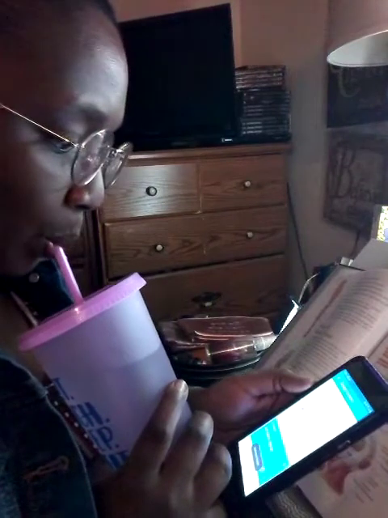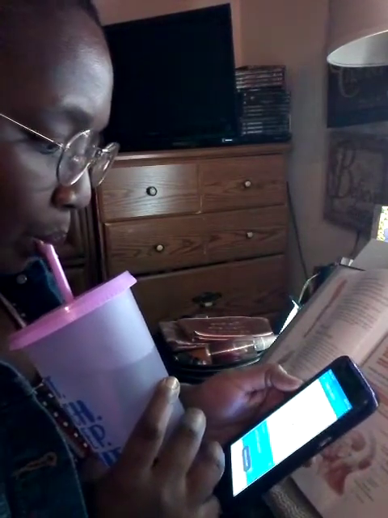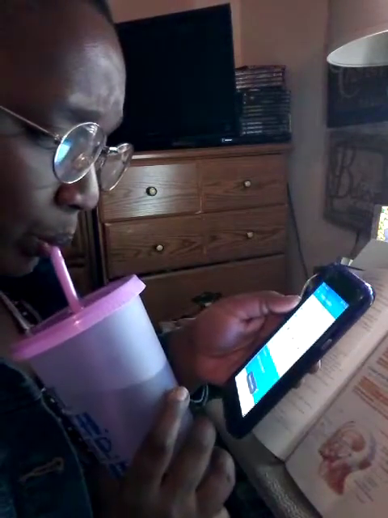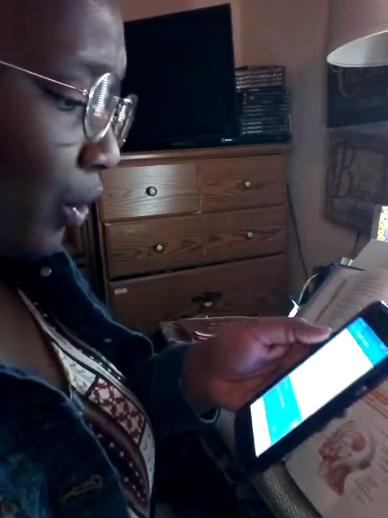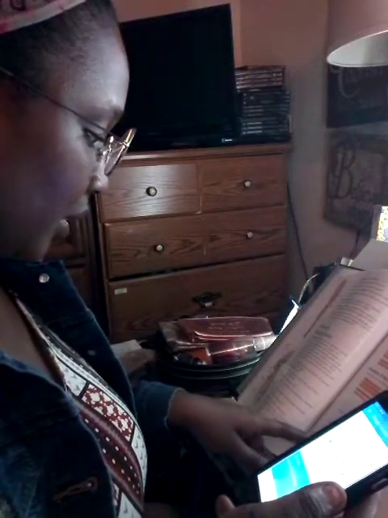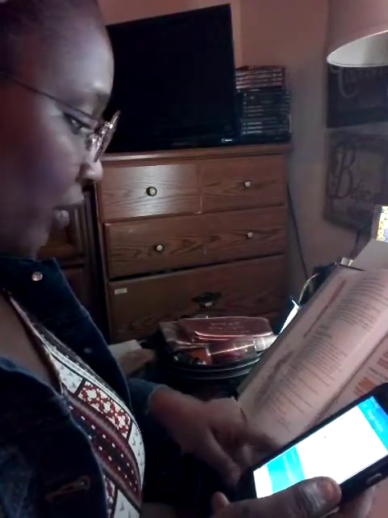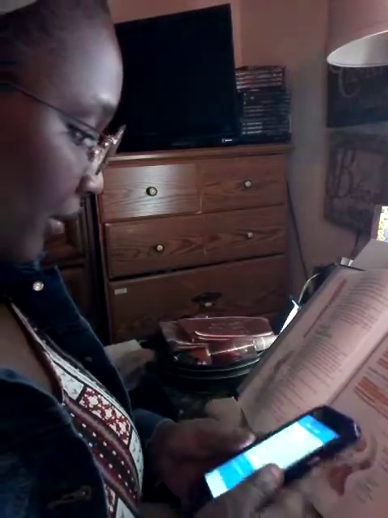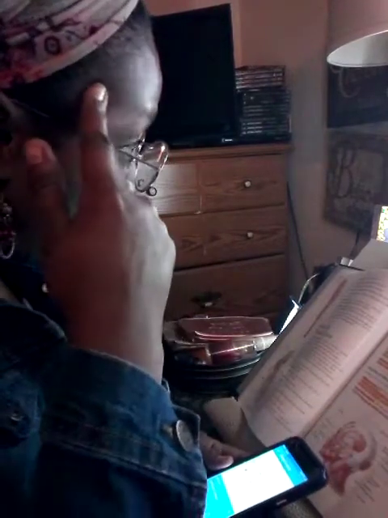Auricularis anterior. God bless doctors, people who need to study this. Auricularis superior. That's this one right here. I believe that's the one you massage when you're having a headache, like I'm having right now.